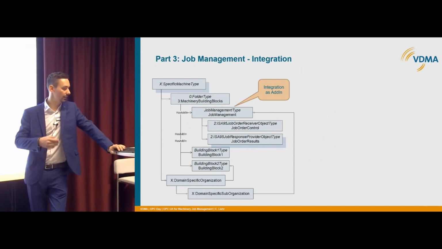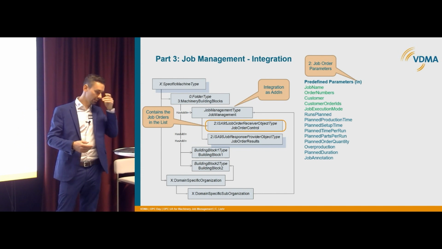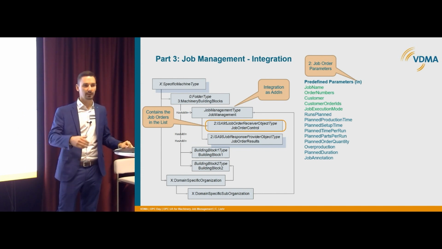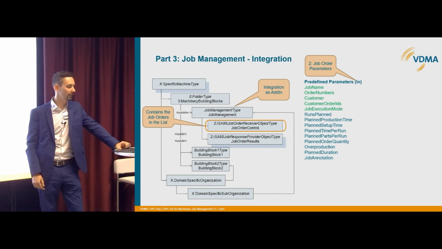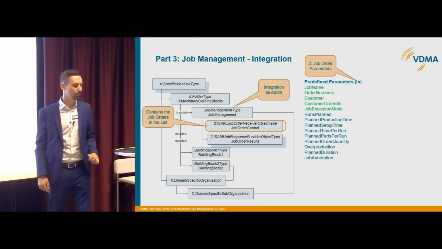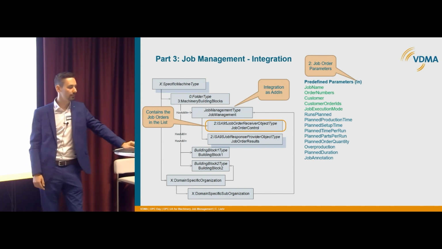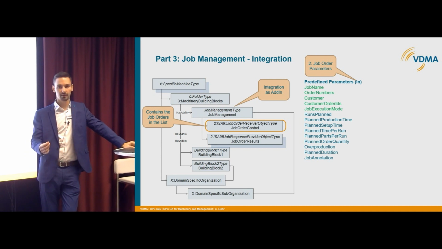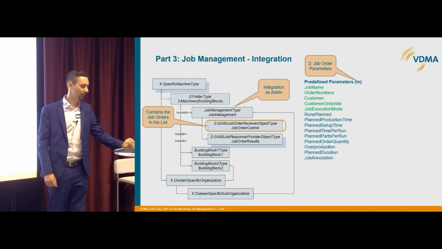And now I want to show you what content you can put into a job order. Here we have a list of parameters that can be filled in the job order. The upper parameters are mostly for the identification of a job. But there are also some other parameters, like for example runs planned, that indicates the number of runs that should be performed by the target machinery item. And there are many more parameters at this point.